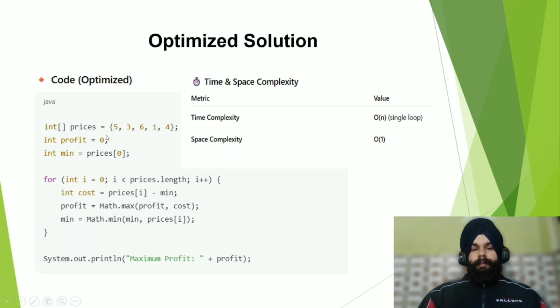So like previously, we have one prices array, and here we take one integer profit as zero and the minimum price as the very first index.